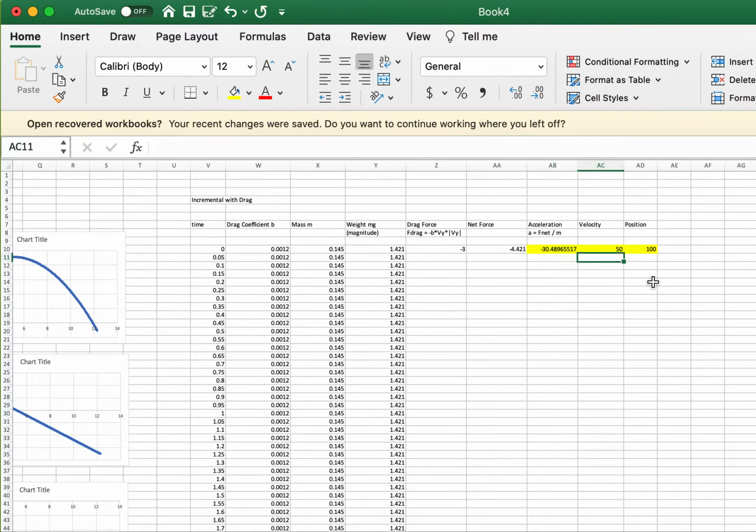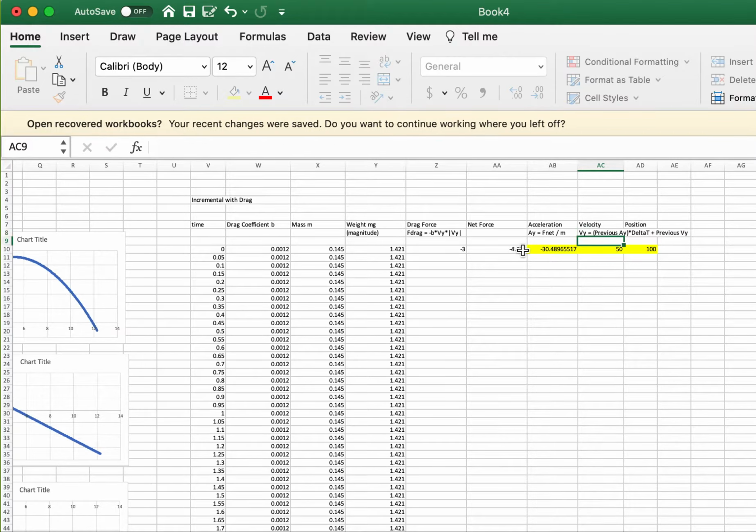Now let's use that acceleration to find the next velocity. For my velocity, I'm going to use that same idea: Vy equals, and this is AY, by the way, previous AY times delta t plus previous Vy.